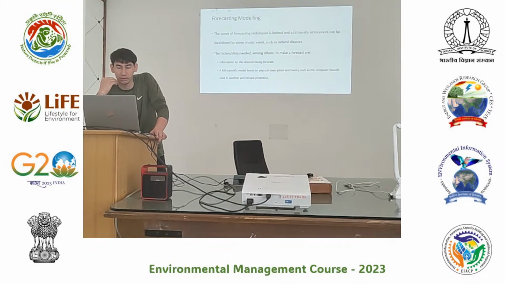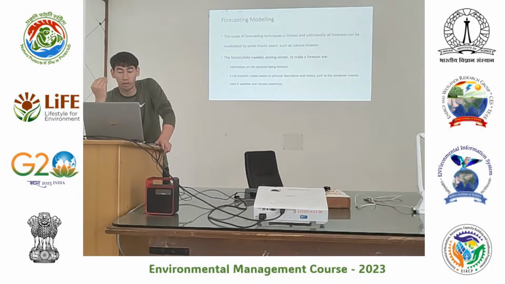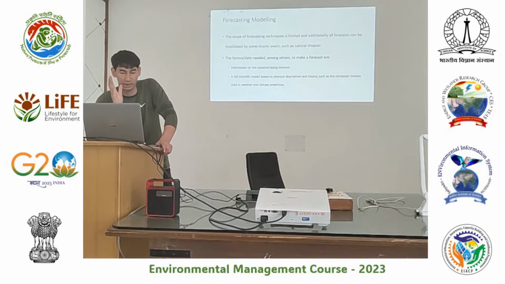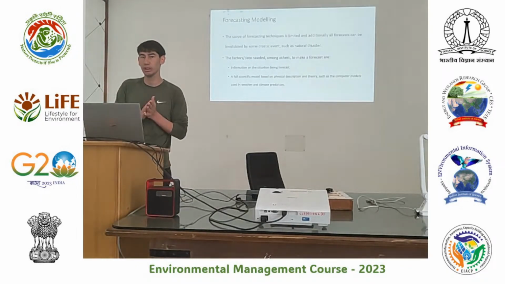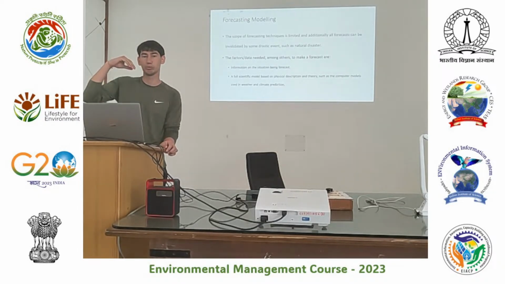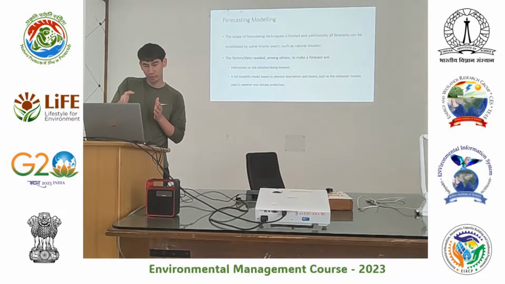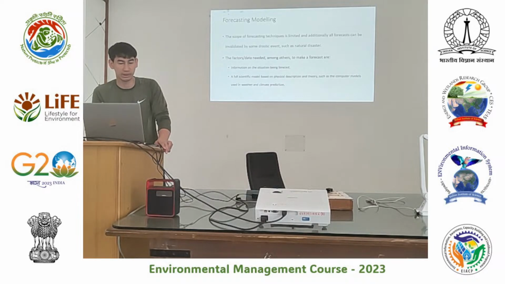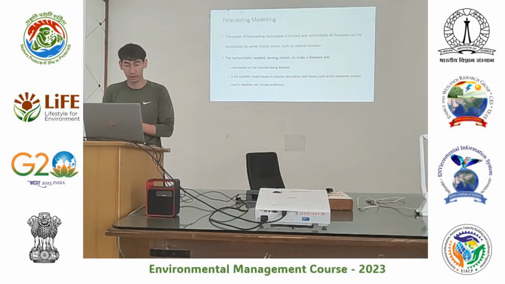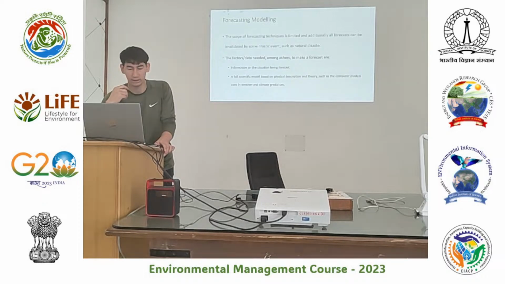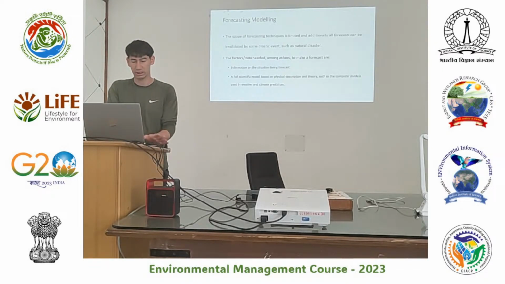The scope of forecasting techniques is limited, and additionally all forecasts can be invalidated by drastic events such as natural disasters. For example, if we forecast for 10 years that the population will increase in a certain way, and a disaster comes in that area, the forecast is invalidated. Some data are needed to make a forecast, including information on the situation being forecast, and secondly a full scientific model based on physical description and theory, such as a computer model using weather and climate prediction.